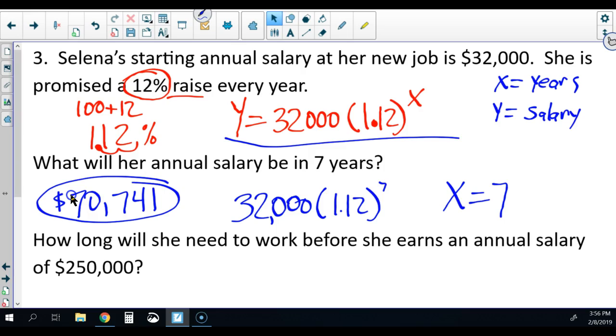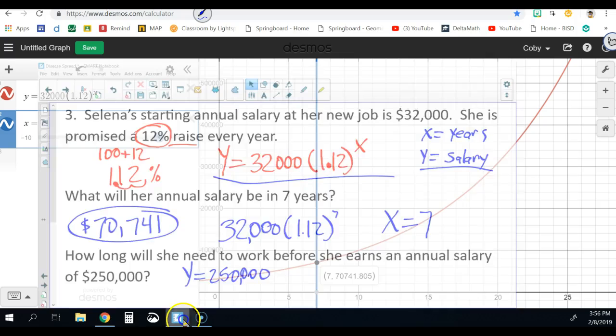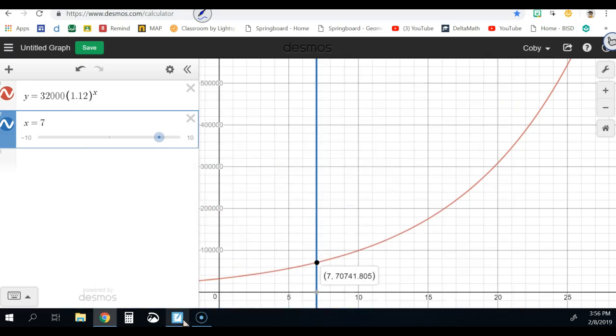How long will she need to work before she earns an annual salary of $250,000? Well, they're telling me her salary needs to be $250,000, so that means y needs to be $250,000. So what is the x that makes y $250,000? Desmos is the easiest way to do this, same concept as we did a while ago.